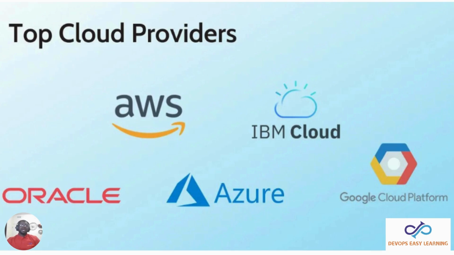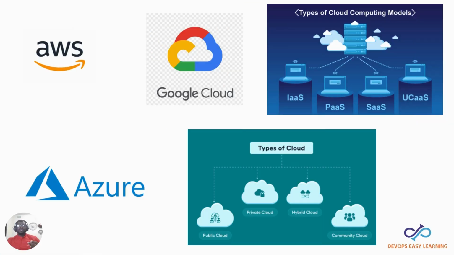As you can see, we have so many top cloud providers out there. The ones that you see on the screen are the top of the tops, the best: Oracle, AWS, Azure, IBM Cloud, Google Cloud. If you want to take a look at these cloud providers, three stand out, and those three are AWS, Google Cloud, and Azure.